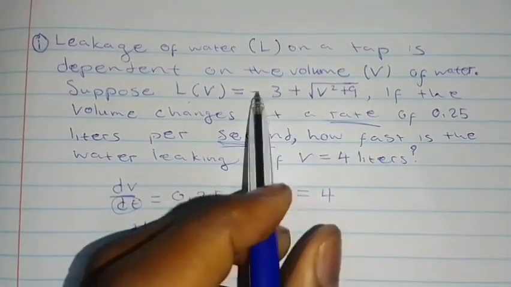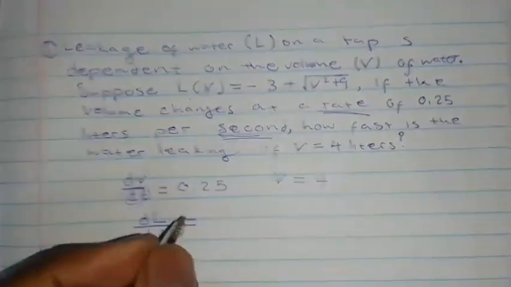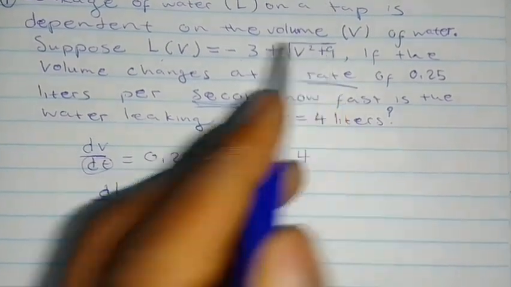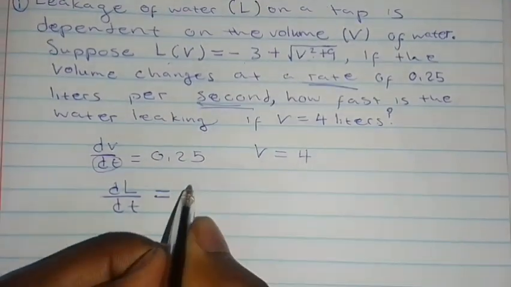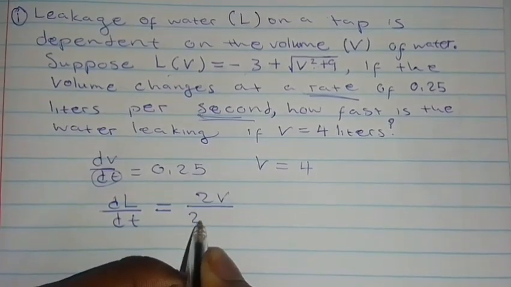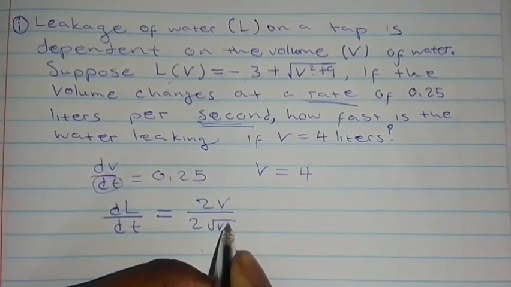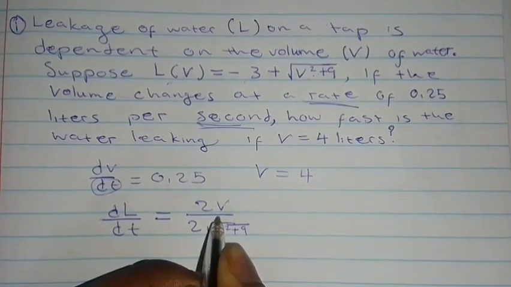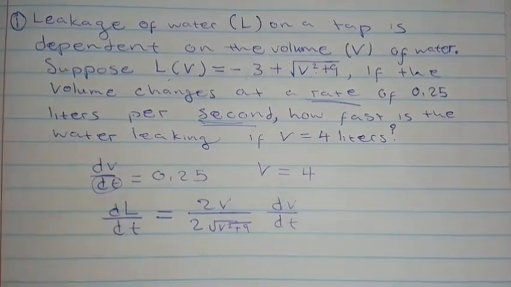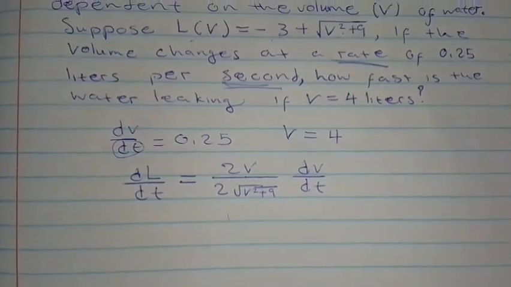This will be the derivative of minus 3, it's 0. So you're going to have to derivate the square root of v squared plus 9. Now when you derivate this, you're going to have 2v over 2 the square root of v squared plus 9 dv over dt. So you're going to have a formula like this.